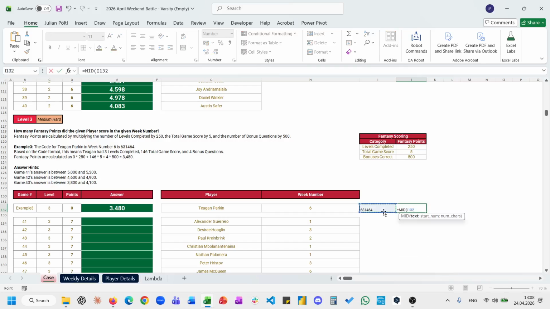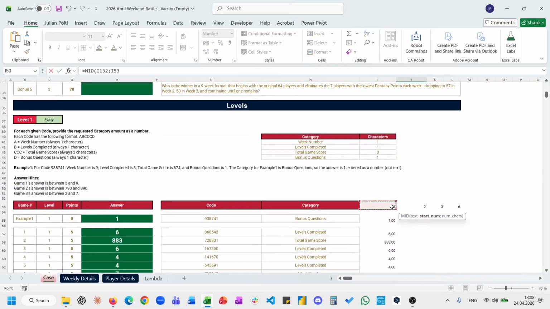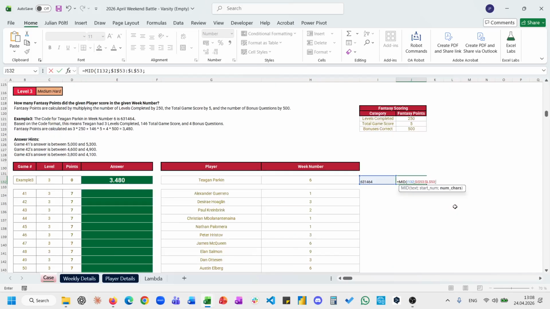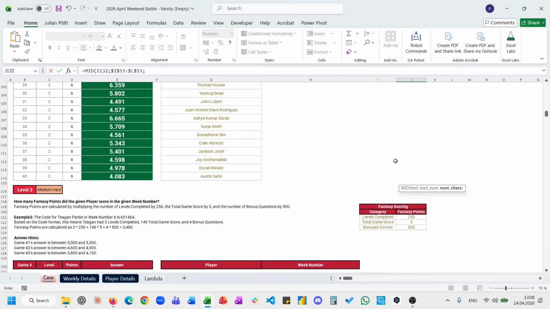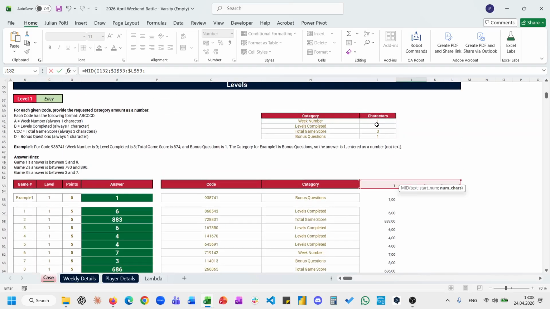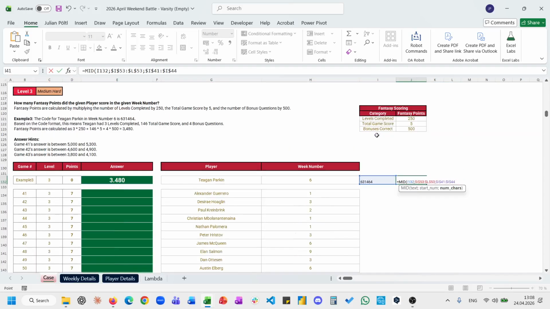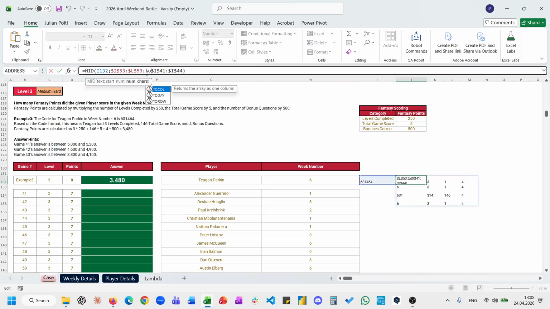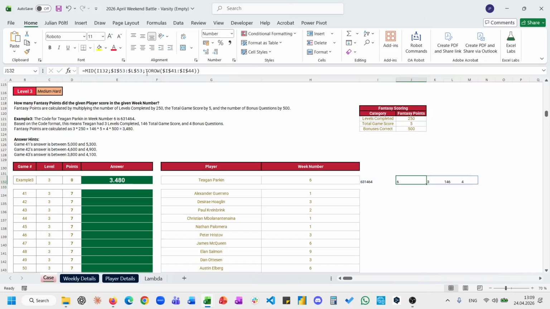Equals MID, start numbers are given here. I hope this will spill in the right direction. No, it will not. To row. 6 is the week, 3, yeah. Okay.